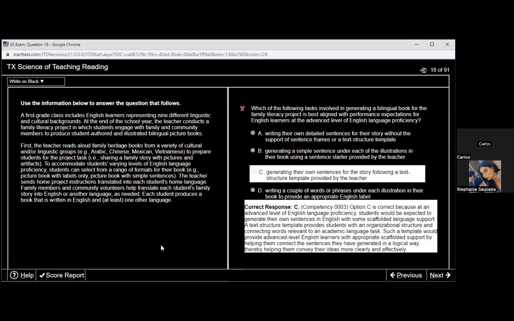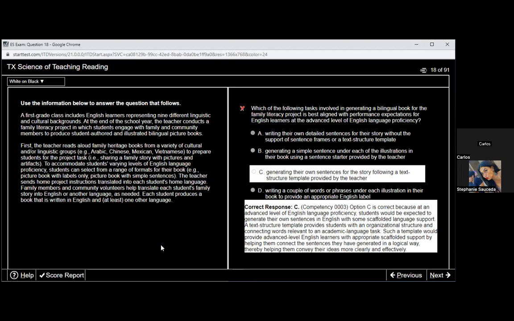Something about their access to two languages gave them more access to more syntax, sentence structure. They played with it and worked with it better after they understood it, and their access to more language. But they're asking about advanced level, and advanced level does still need practice and supports. So let's take a look.